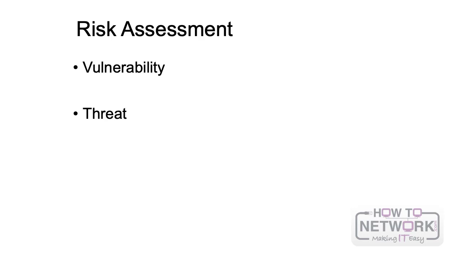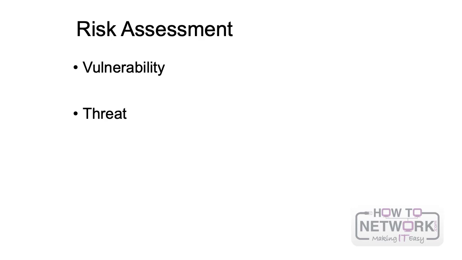For example, one type of threat that we're going to talk about is the environmental threat. Some locations in the United States are susceptible to hurricane hits. Well, that is a threat. But even if hurricanes occur in the specific area where the organization is located, does it mean that a specific vulnerability will be exploited?